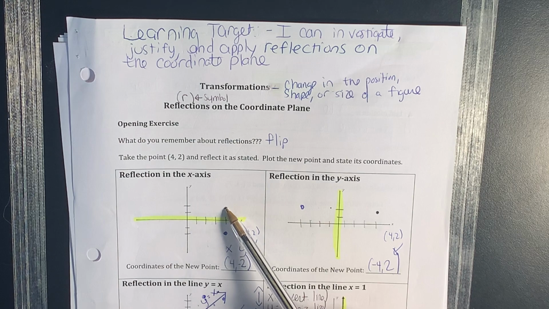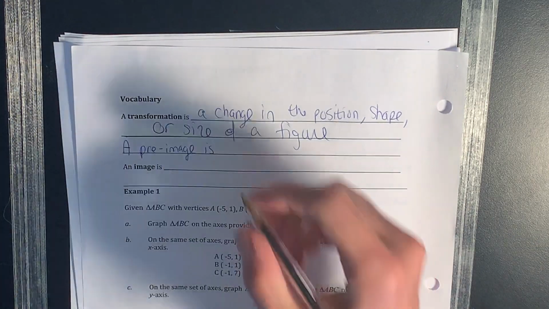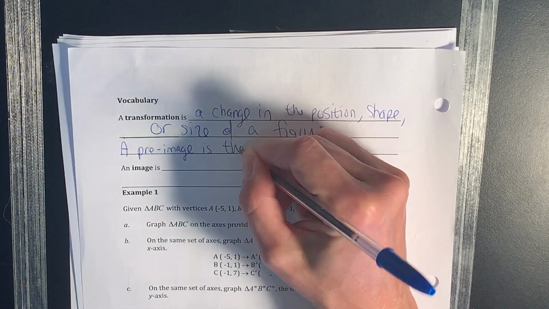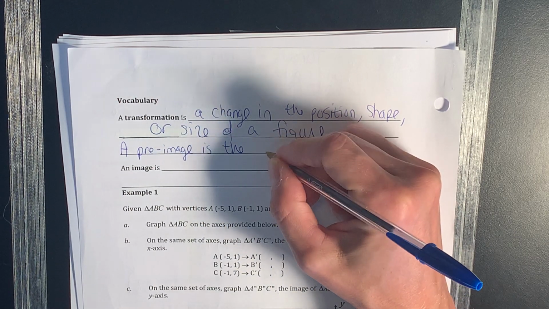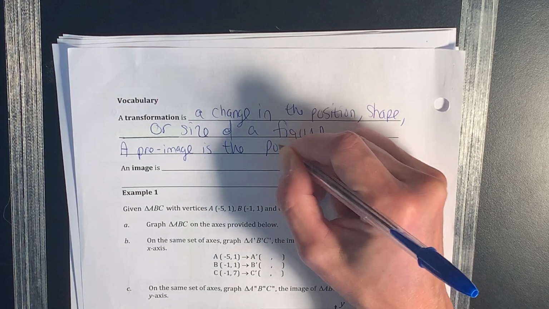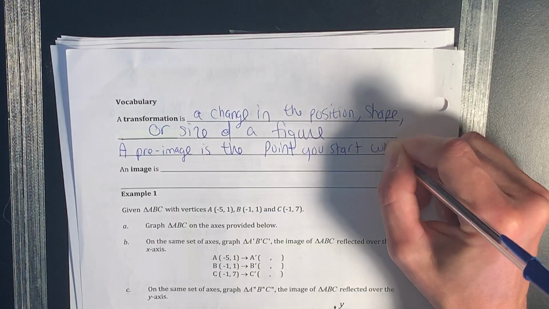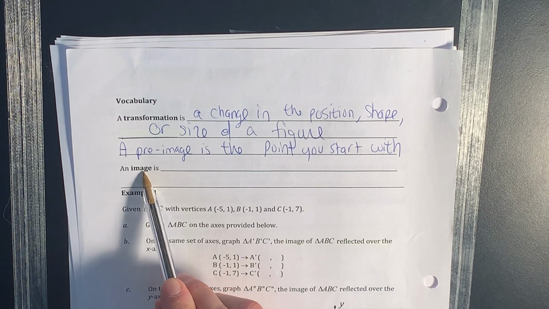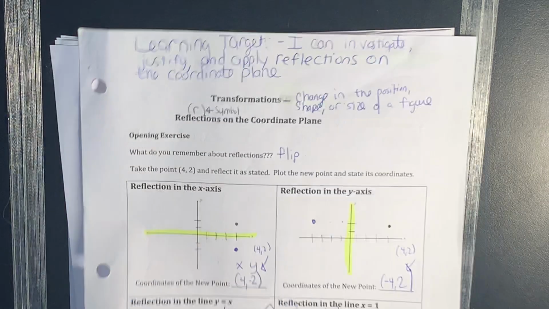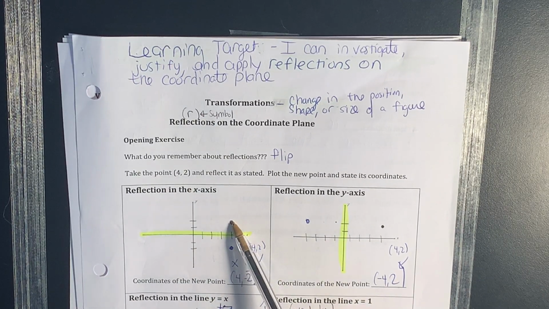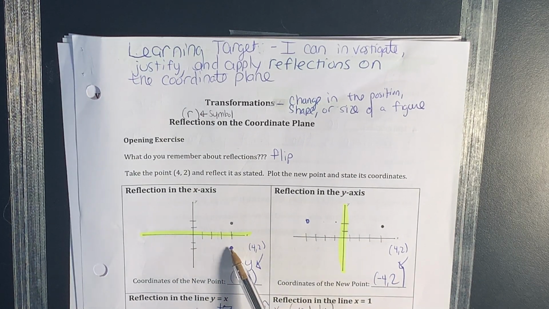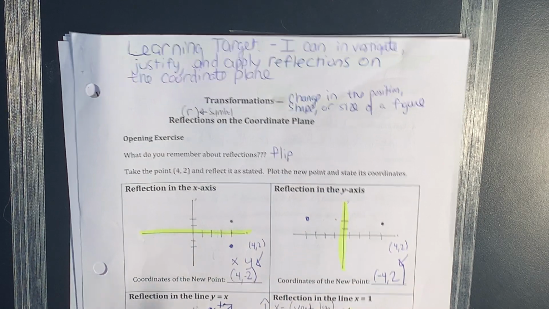So in this case, 4, 2 is the pre-image, whereas the image is the point that you end up with after your reflection. So this was my pre-image, it's what I started with. This is what I ended up with after a reflection on the x-axis, so this would be my image. So pre-image is what you start with, image is the point that you end up with.